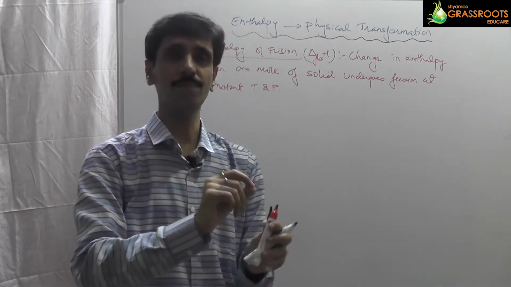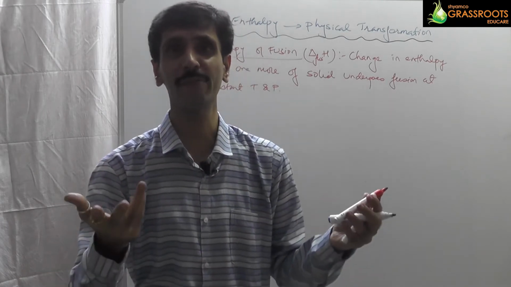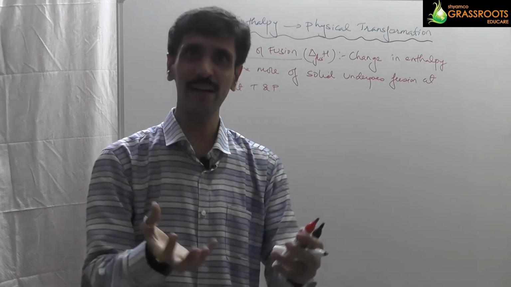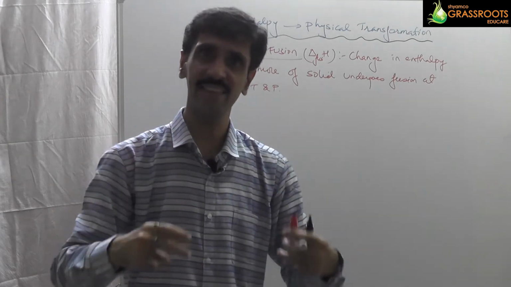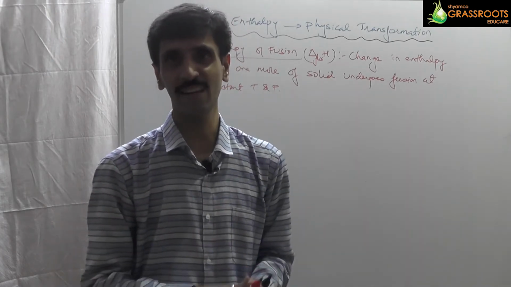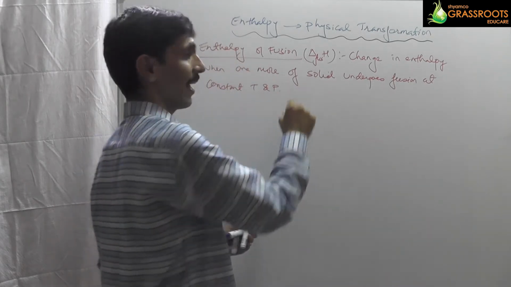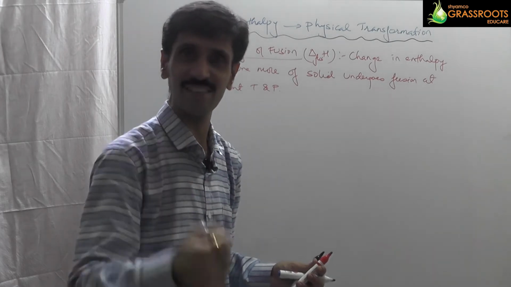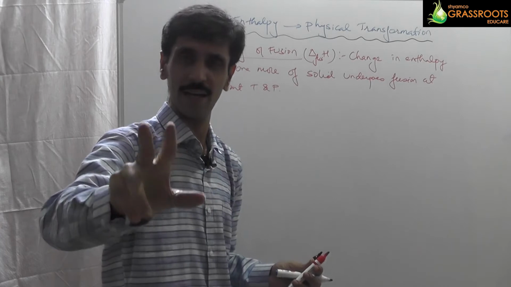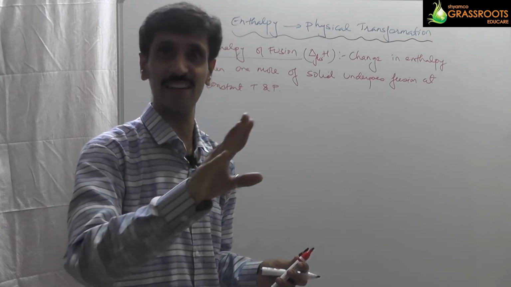Now for these physical changes, I will give you an example in the form of H2O. Why? It's very simple, because H2O is a substance which can exist in all 3 states: solid, liquid as well as gas. That is why I will consider it. So let us consider first, under fusion, what is going to undergo it? The solid. So what will we say? Ice. You know ice, water and water vapor: in all three the chemical formula is the same, H2O, but the physical state is different.